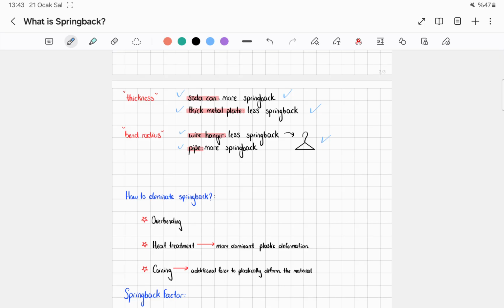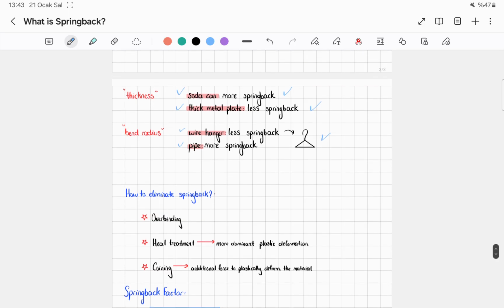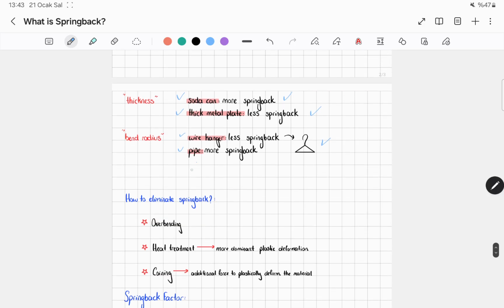In contrast, when bending a pipe with a large radius, the material is primarily elastically deformed. So this results in noticeable springback, and it requires corrections to obtain the desired shape. We see this in architectural fabrication actually.